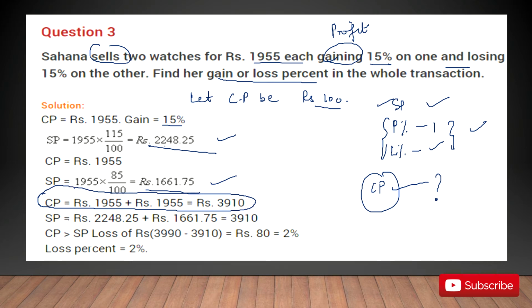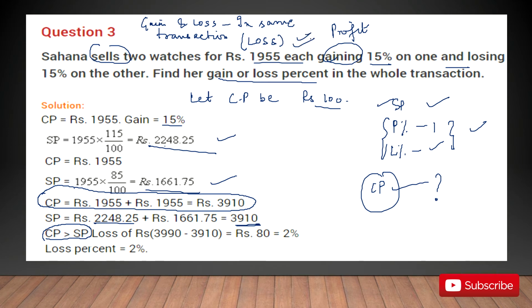Now since the selling price is less than the cost price, we have a loss. Always remember, when we have a gain and a loss at the same percentage in the same transaction, then there is always a loss. So the loss percent is 2%.